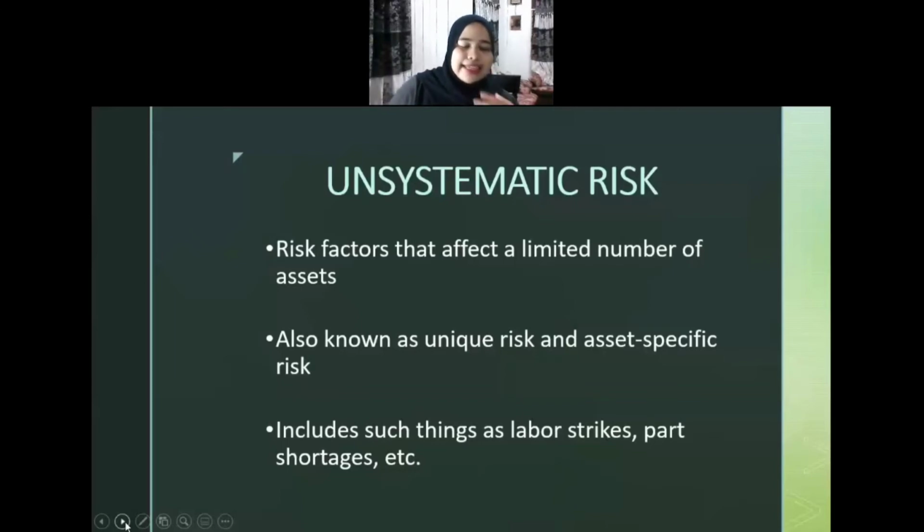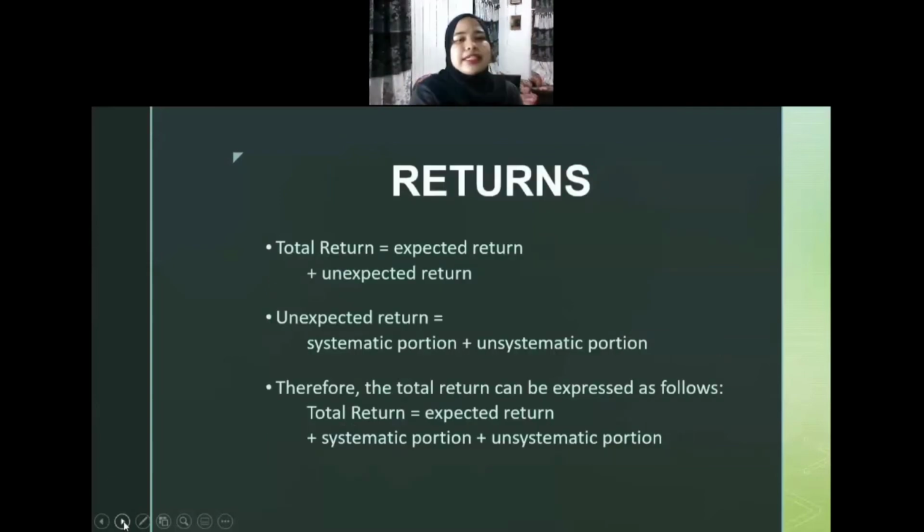And the nature of this unsystematic risk is that it can be eliminated by diversification. It can be eliminated with diversification. For example, labor strikes, part shortages, lawsuits and others. Okay, next one is return.